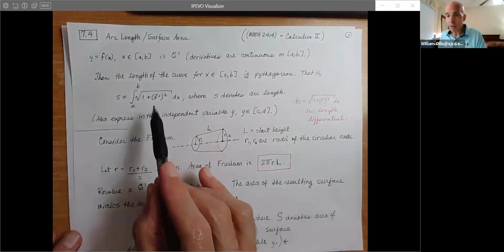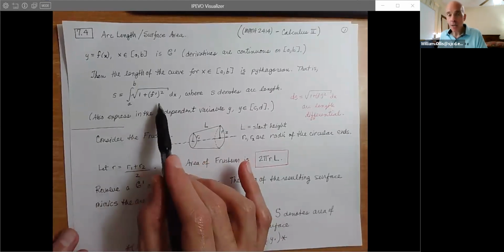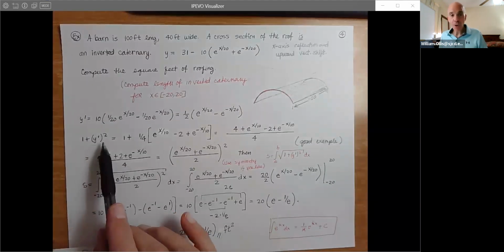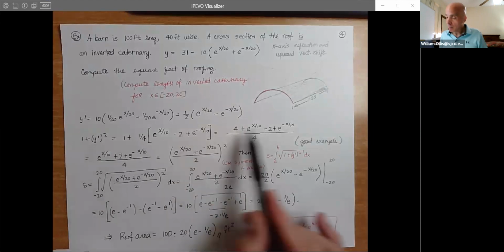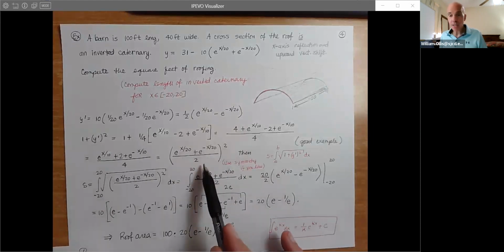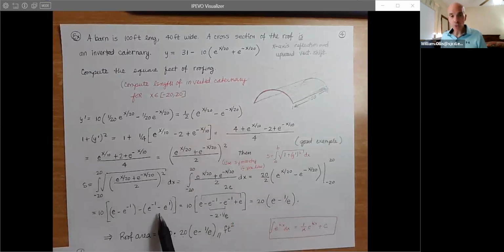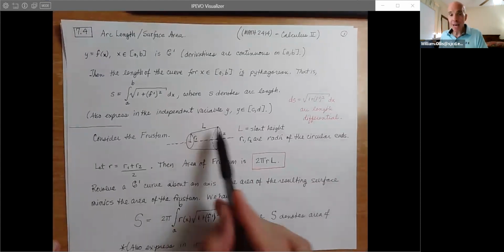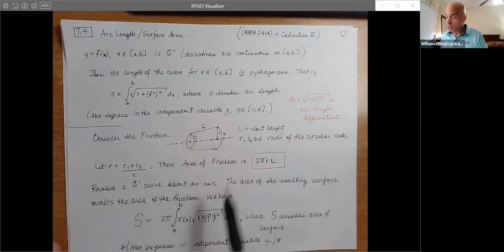We have the formula for the arc length, which requires computing 1 plus y prime squared, manifesting that in a convenient algebraic way, and then passing to the integral, using whatever symmetry, which I should have used there. And then we utilize the area of a frustum to generate a formula for the area of a surface.